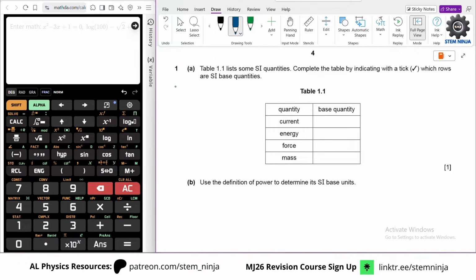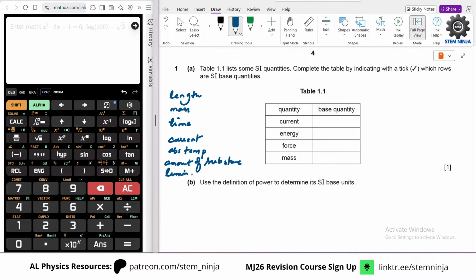So we know what the base quantities are: length, mass, time, current, absolute temperature or just temperature, then we have amount of substance, mole, and luminous intensity. Okay, so current is a base quantity, energy no, force no, mass yes.